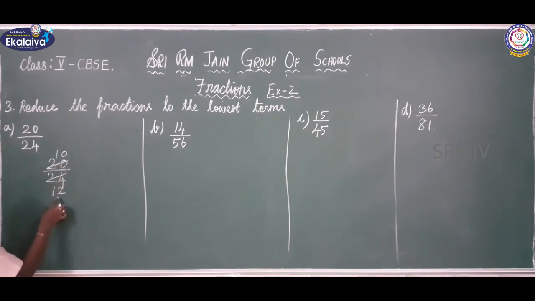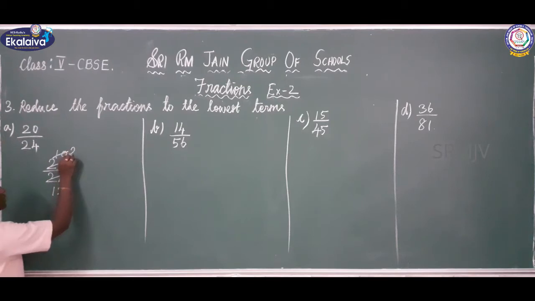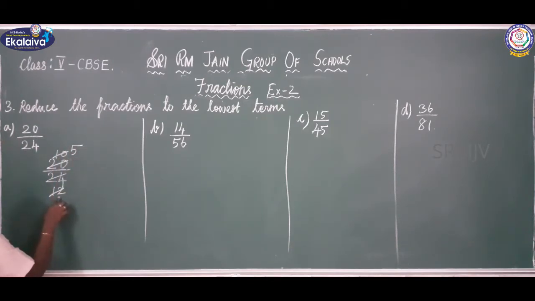Now see the numbers 10 and 12. Here this is not in the lowest term. 10 and 12 are having 1 and 2 as common factors. So again we can reduce it by 2 table. Sorry, 10 divided by 2, that is 5, and 12 divided by 2, that is 6. Now we are having 5 by 6.